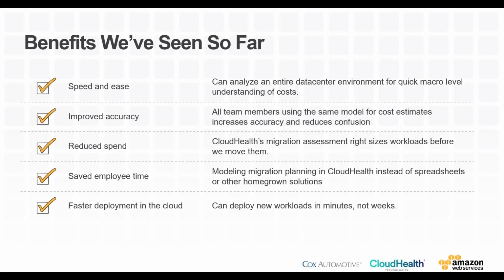There's improved accuracy now because everybody's using the same model for cost estimates. We're bringing in the actual AWS per-instance costs. We're getting the modeling for if you buy reserved instances, here are the cost savings you'll achieve, and here's how much it'll cost you on demand. So it's a lot less confusing. You don't have a lot of conversations around how you devised this information, or how you figured out how many instances of this type you need in this data center.